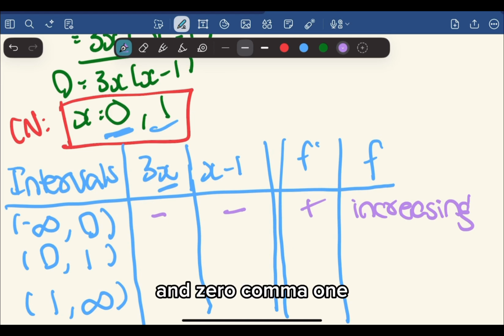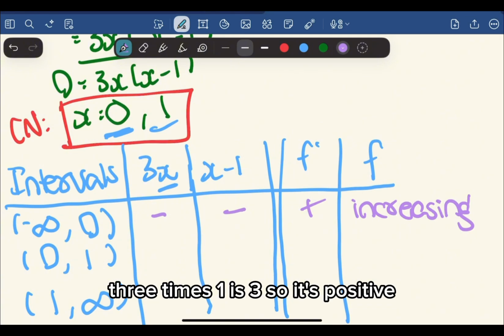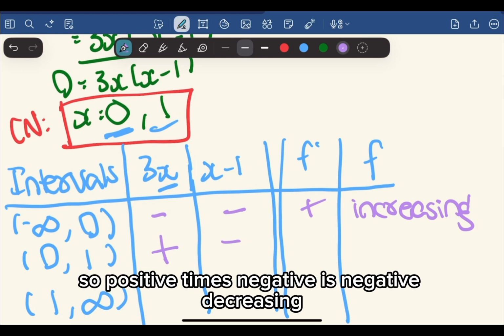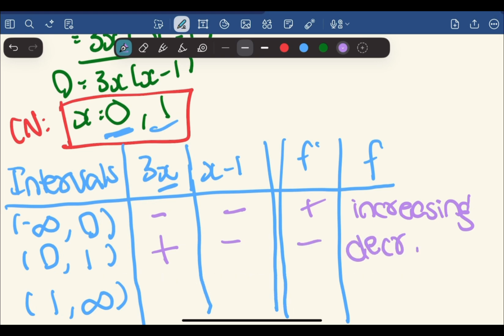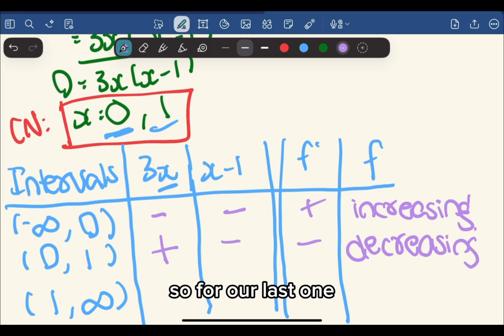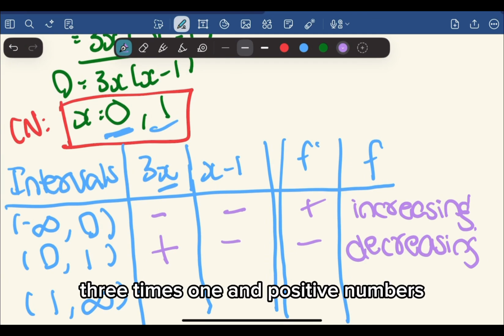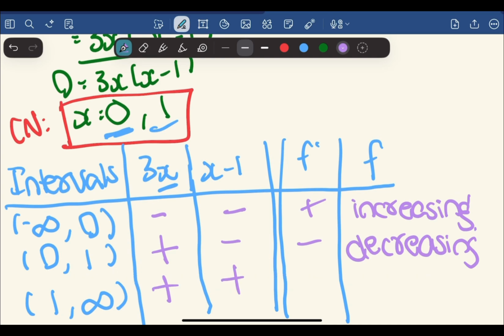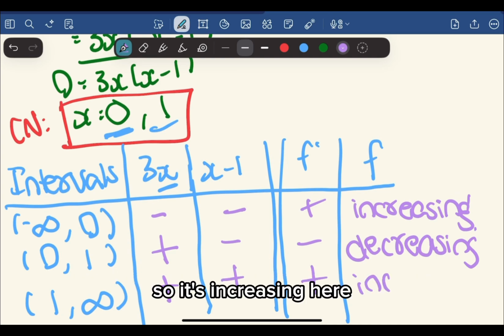For 0 to 1, 3 times a number between 0 and 1 is positive, but x minus 1 is negative, so positive times negative is negative, decreasing. For our last interval, 3x is positive and x minus 1 is positive, so it's just positive, so it's increasing here.